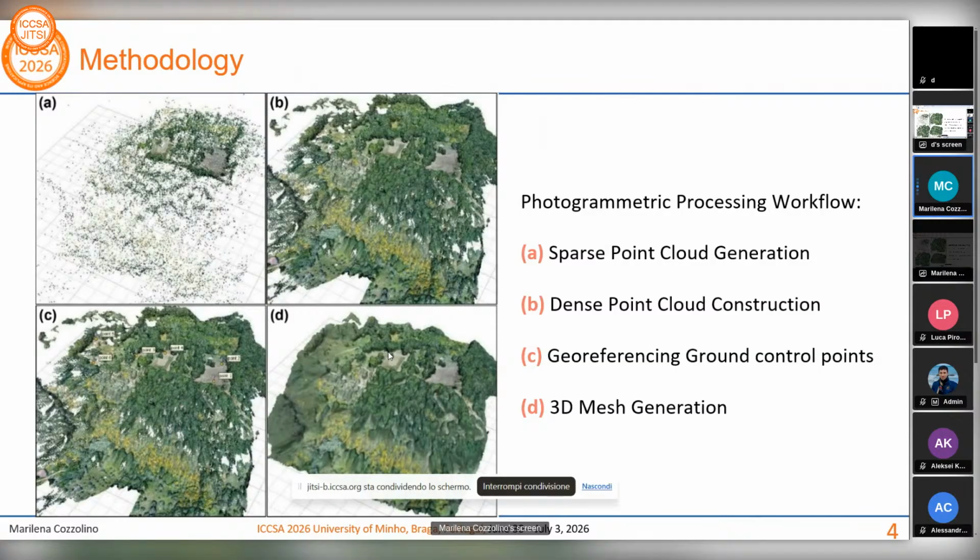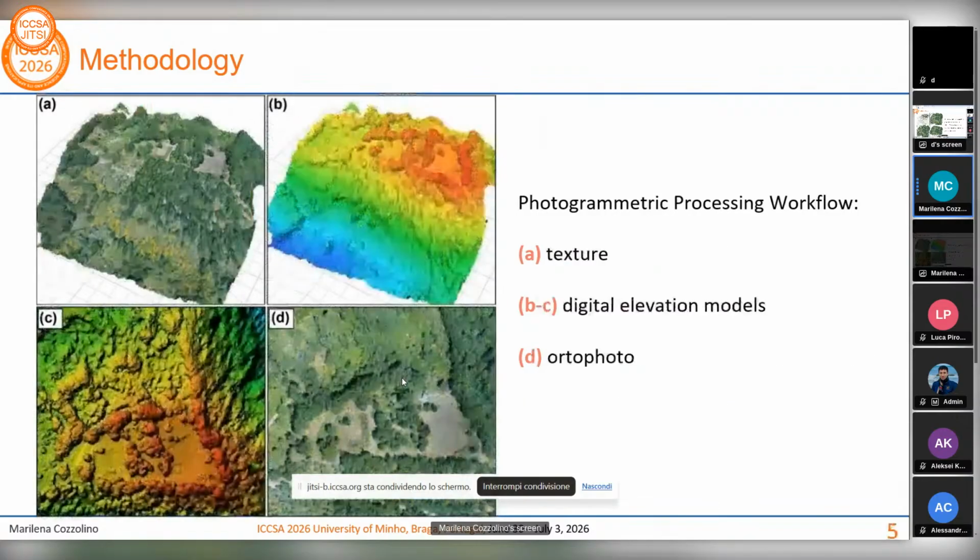Data processing followed the standard rules, and we used Agisoft Photoscan. The steps were sparse point cloud generation, dense point cloud generation, georeferencing with ground control points, and then 3D mesh generation. After this, the texture was applied, and digital elevation models and orthophotos were produced for interpreting data.